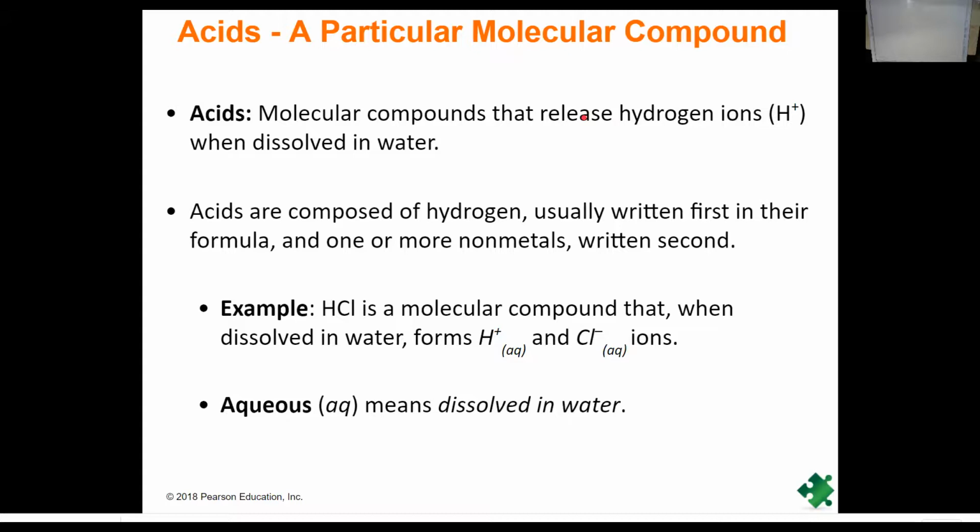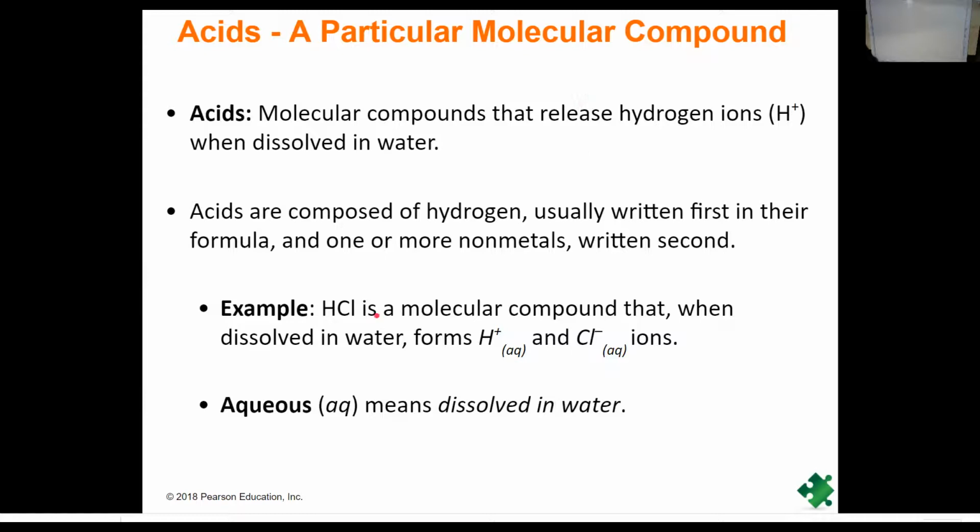But the last type of compound that we're going to look at now is acids. Acids are a type of molecular compound, but we have to name them in a special way. Acids are compounds that release hydrogen ions when they get dissolved in water. Acids are composed of hydrogen, usually written in the front of the formula, and then the other nonmetals are written in the second part of the formula.